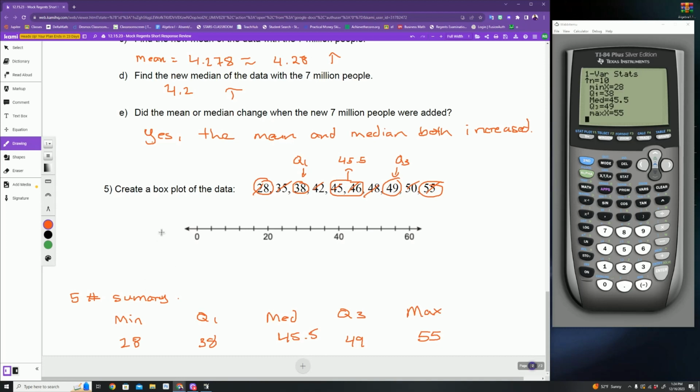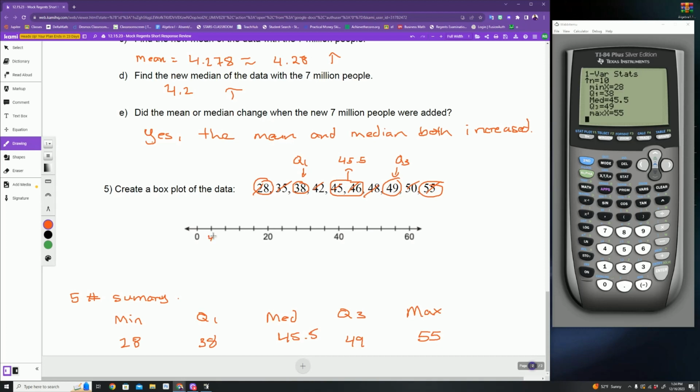So in order to do the box plot, what I recommend you do is find these values on the line. The first one is 28. If I notice here, actually the number line goes from 0 to 20, but it's increasing by 4 units. So 4, 8, 12, 16, 20.